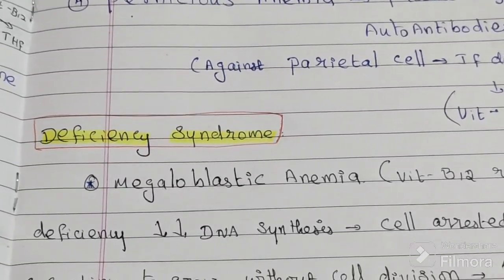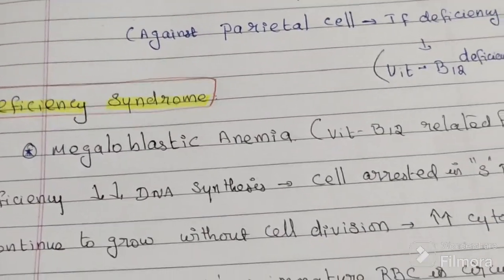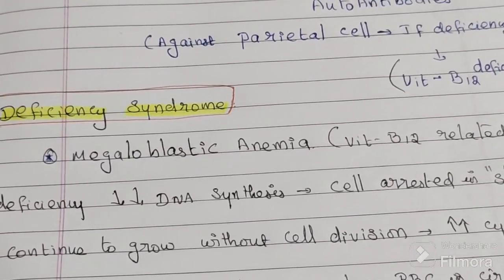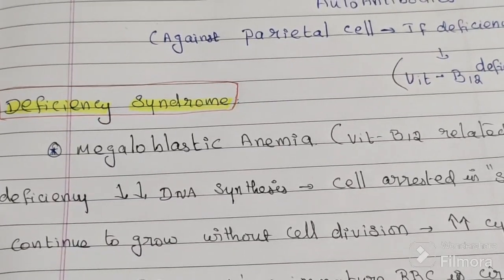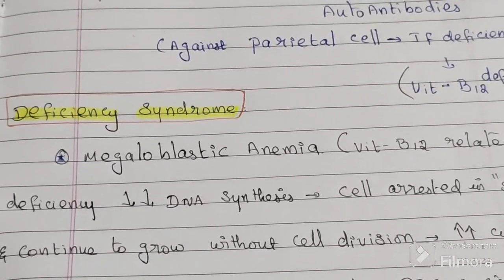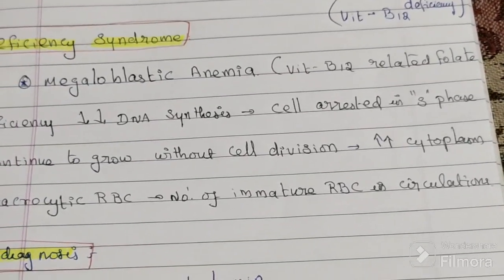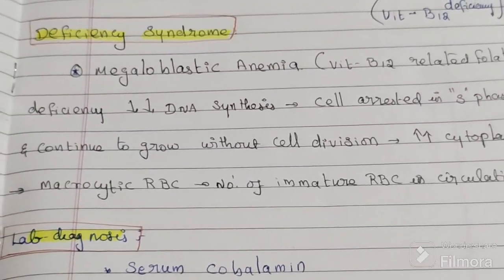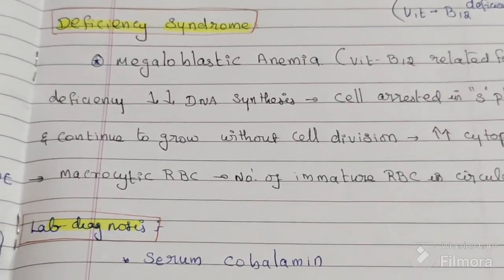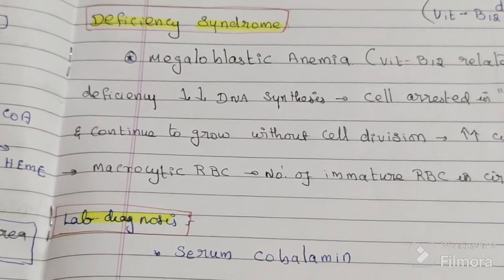Now coming to the deficiency syndromes, the first important symptom is megaloblastic anemia. It is due to the fact that vitamin B12 is related to folate. Due to folate deficiency, there is decreased DNA synthesis. Due to decreased DNA synthesis, cells are arrested in S phase and continue to grow without cell division.